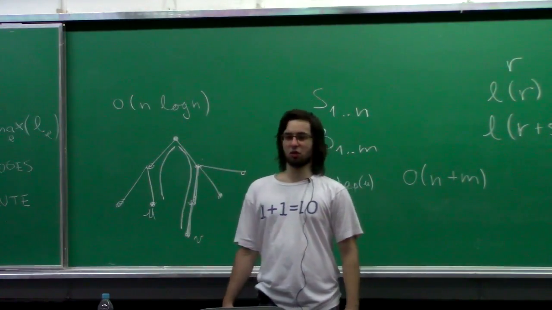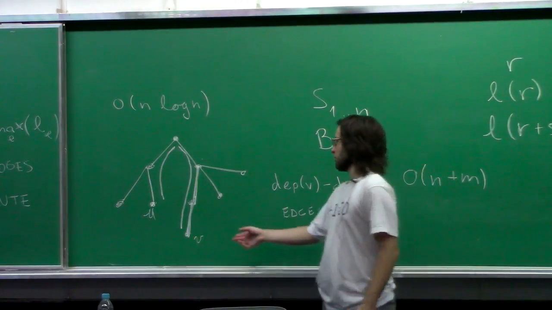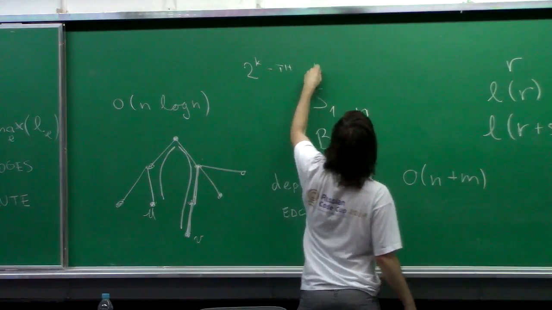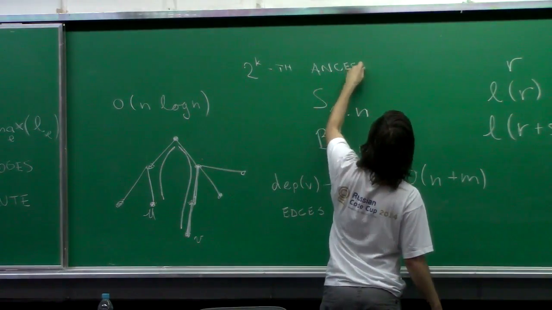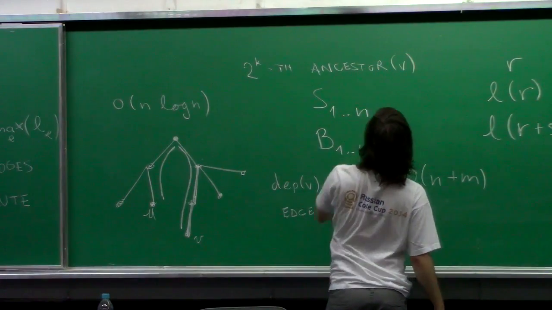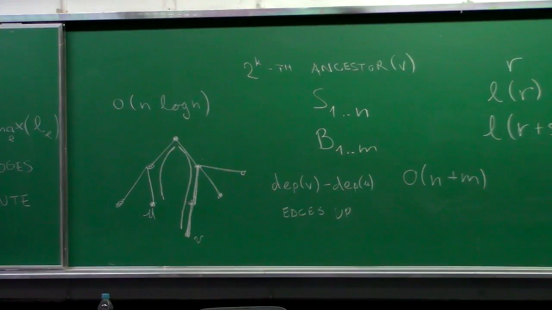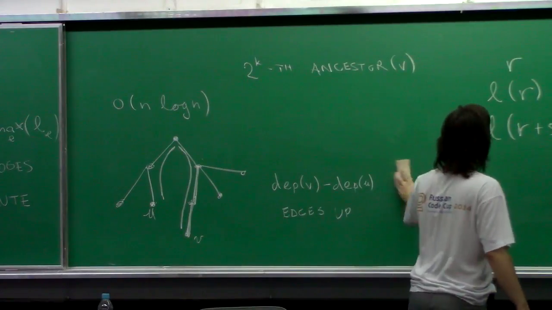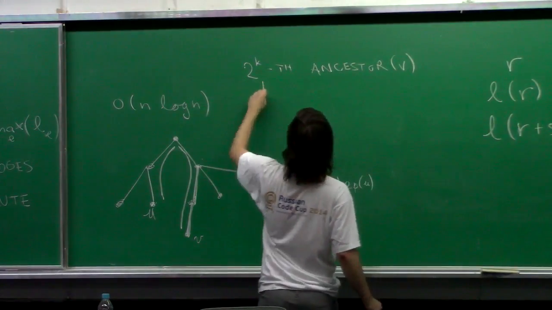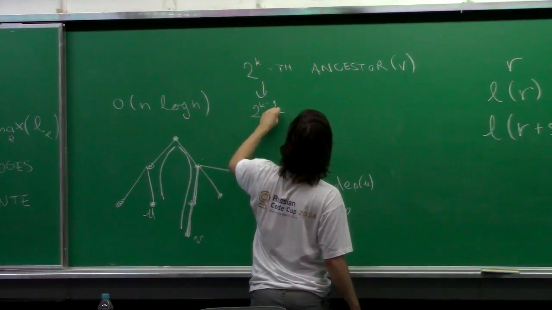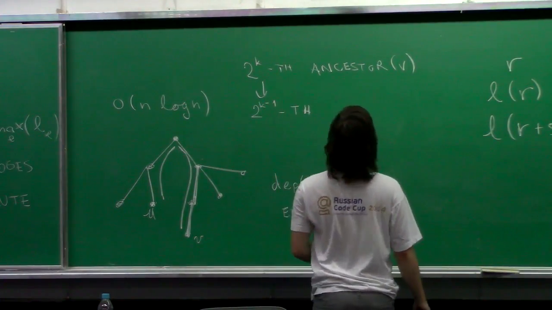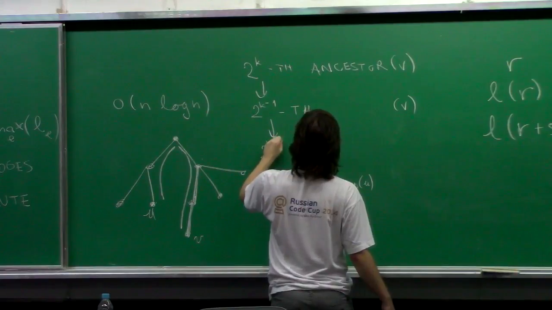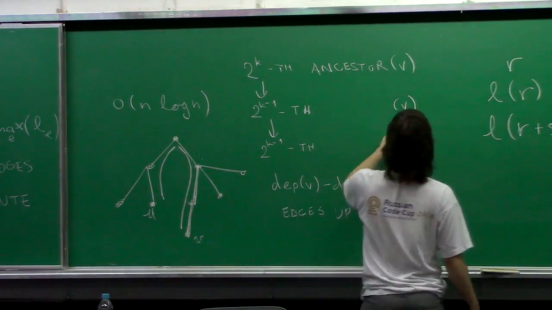These 2 power kth ancestors: the 2 power k ancestor of v is obtained by taking the 2 power k minus 1 ancestor of v, and then the 2 power k minus 1 ancestor of that.